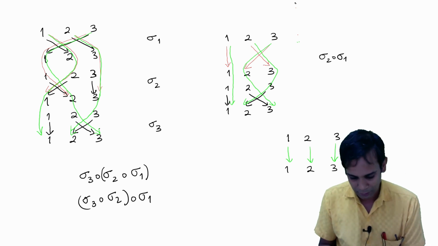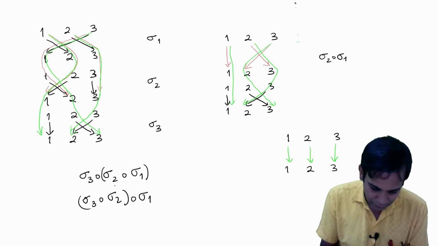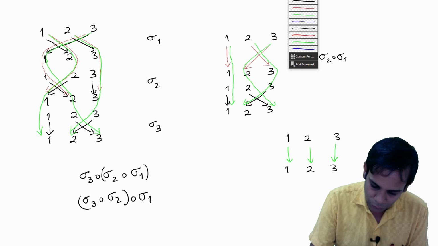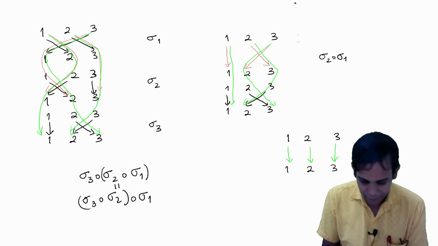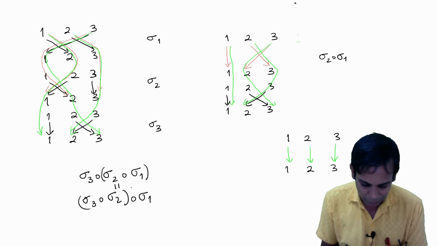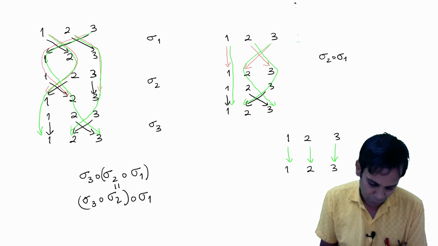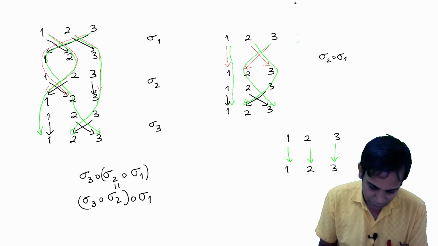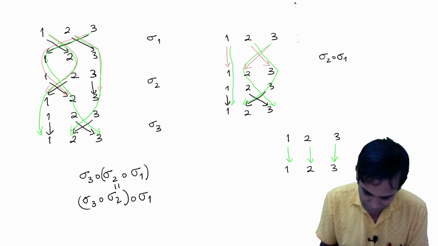So 3 goes to 3. So these things are really just the same. There is no difference between whether I compose sigma 3 with the composition of sigma 2 or sigma 1, or whether I compose the composition of sigma 3 and sigma 2 with sigma 1. So this is called associativity.